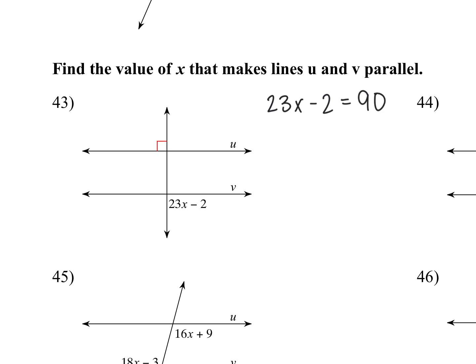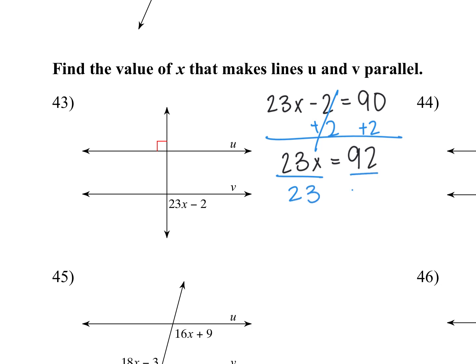Same thing as before, solve for x. First I'm going to add 2. I get 23x equals 92. Divide both sides by 23, and x is going to equal 4.